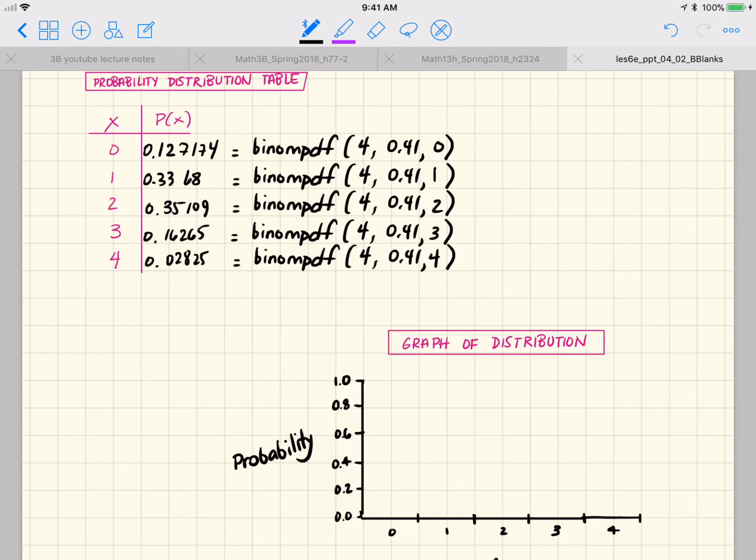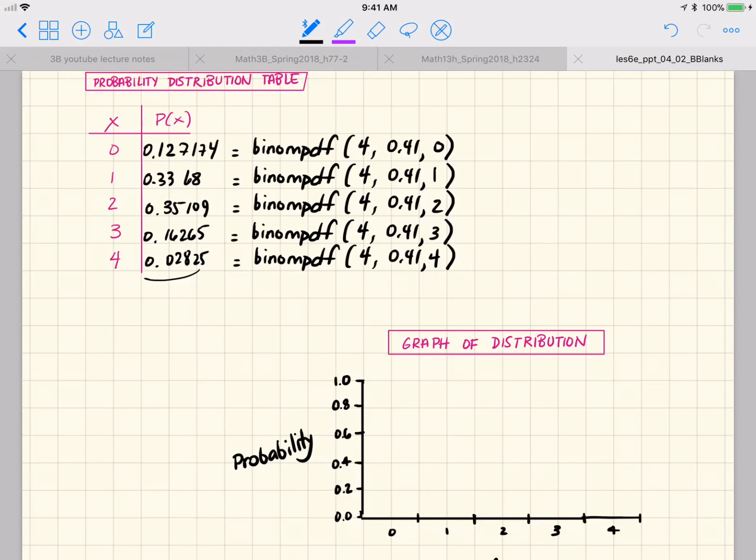So for example, if 41% of women consider reading as their number one leisure activity, then the probability of all 4 people that you survey saying yes, it is my favorite is like 2.8%, right?